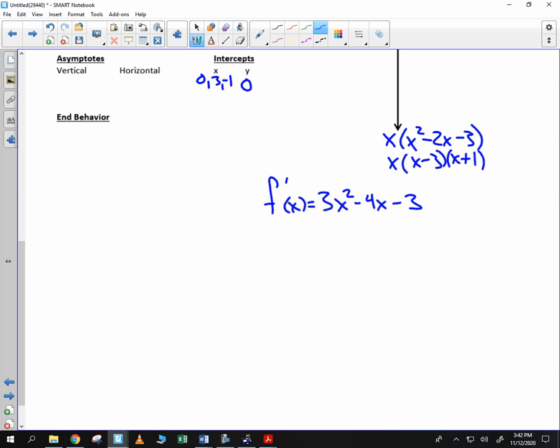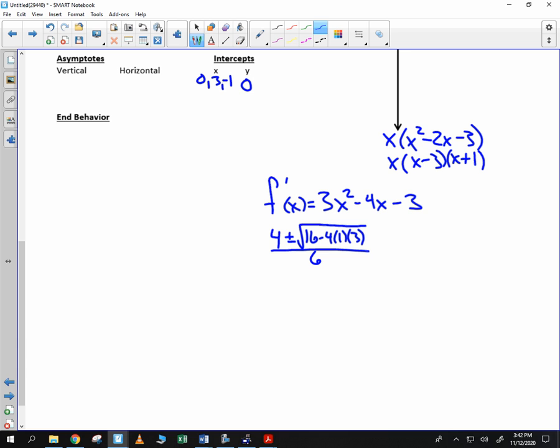And I know that shape. It is a parabola. Unfortunately, it does not factor. I would need to use the quadratic formula. Some of you have it plugged into your calculator. Negative b plus or minus the square root of b squared minus 4 times a times c, all divided by 2a.